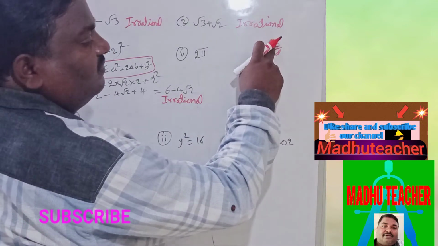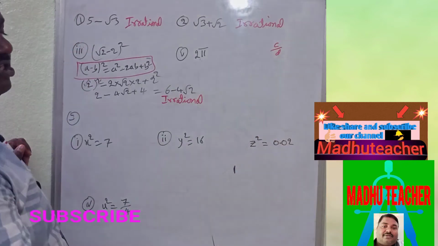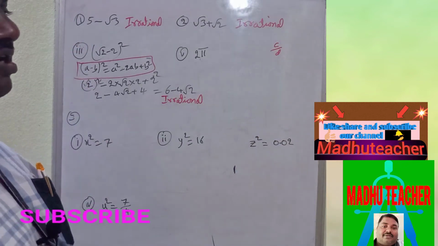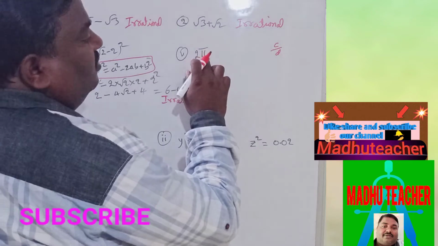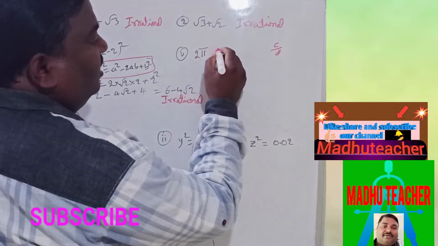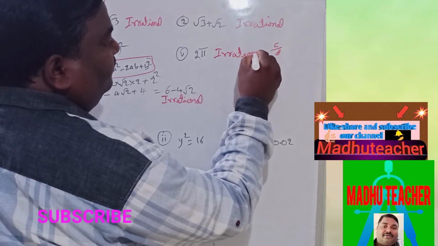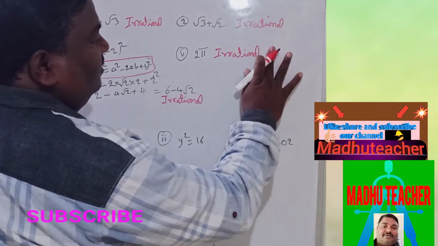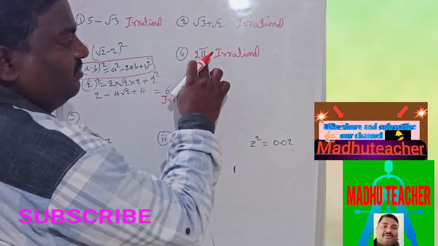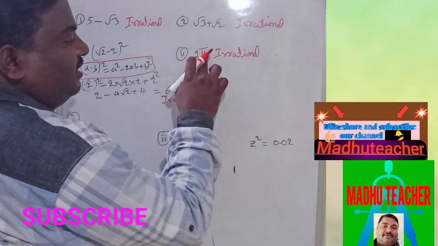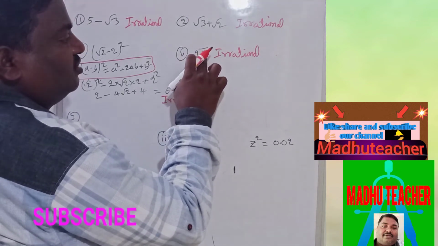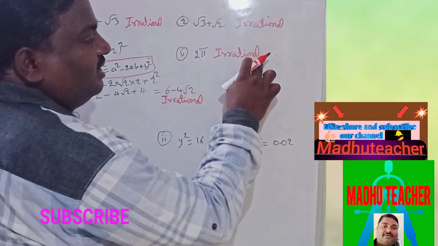The division of a rational and irrational is an irrational number. So irrational into rational is again irrational. So it is irrational. So pi is an irrational number, and irrational and rational is again an irrational number.